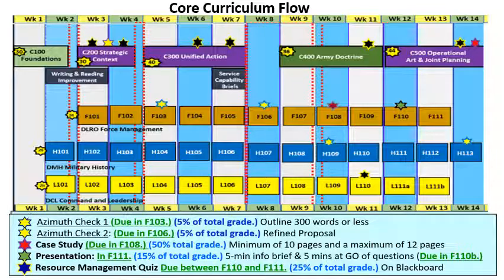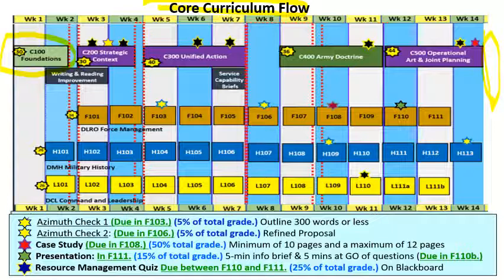So let's take a look at how the core curriculum is going to flow. Basically 14 weeks. You are not doing the X100, but it starts off with the block of instruction C100. In C100, you'll learn about critical and creative thinking.